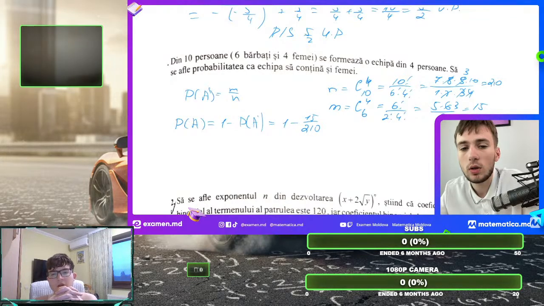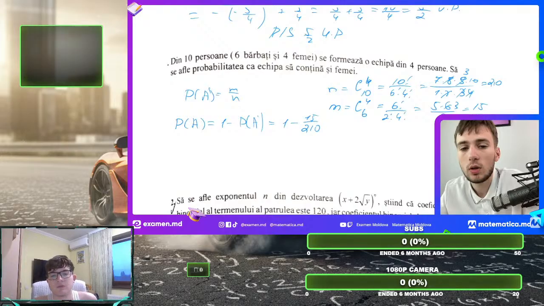So I think he just took all the cases and then the favorable cases, that's the cases where men are picked. So we want to minus them out so that we get all cases with females. That's the logic, I think. So 1 minus this, 15 divided by 210. Okay.